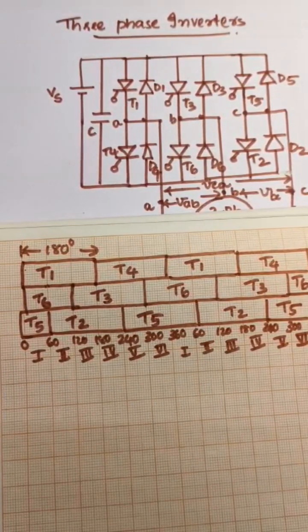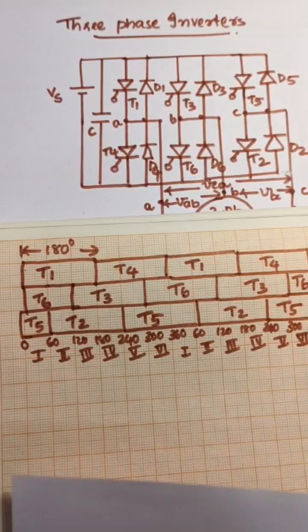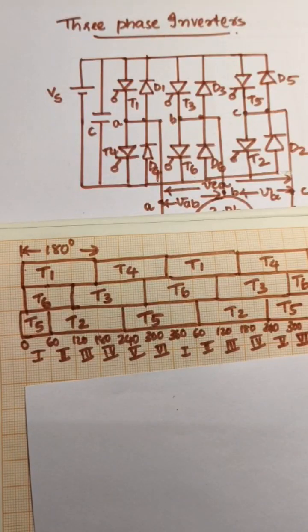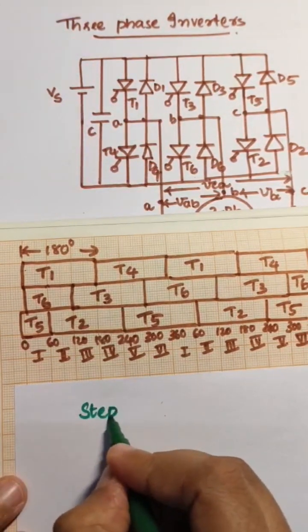So first we need to draw a circuit where 5, 6, 1 is made on, and then draw the load equivalent circuit. From load equivalent circuit we will be able to find the value of line to neutral voltage. For that, first we are going to do step 1.